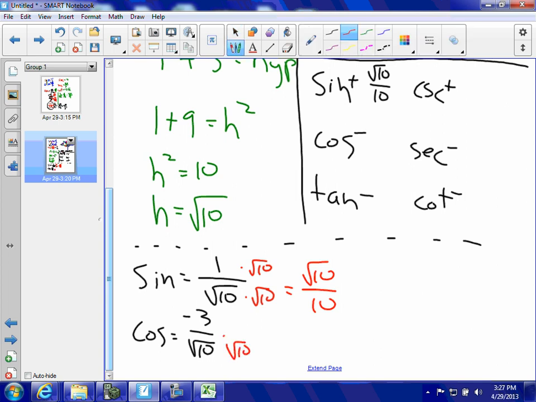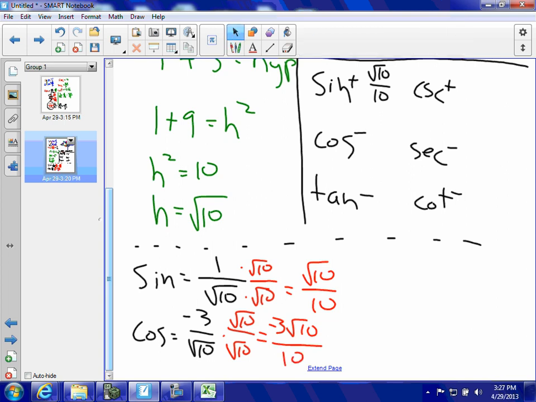Radical 10 over radical 10. I get negative 3 radical 10 over 10. I can't simplify that anymore. So it's negative 3 radical 10 over 10.